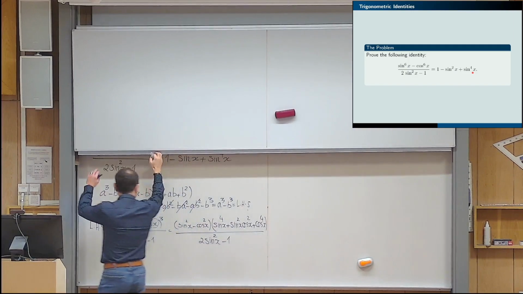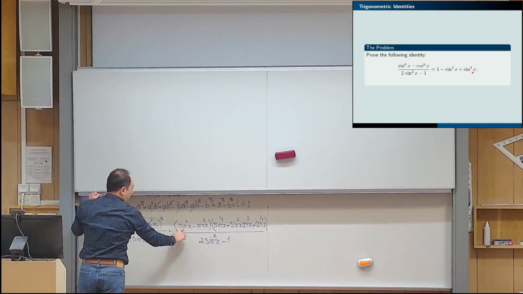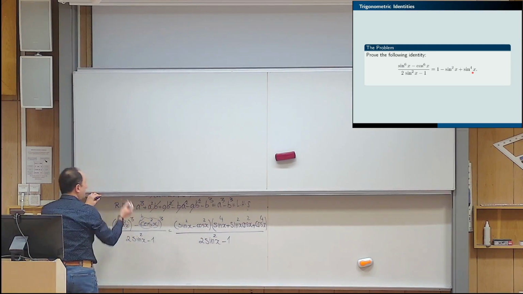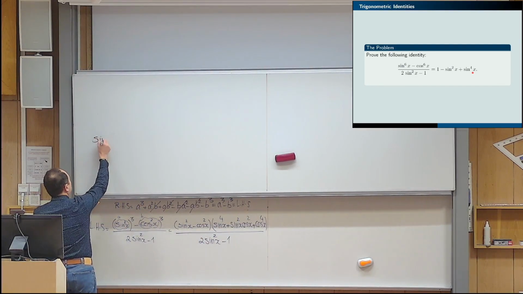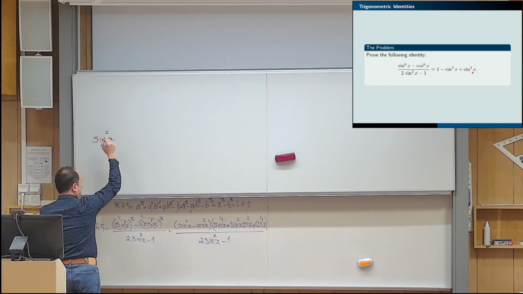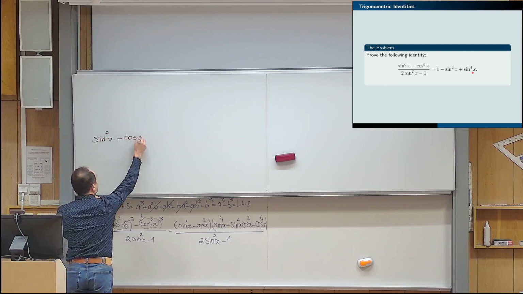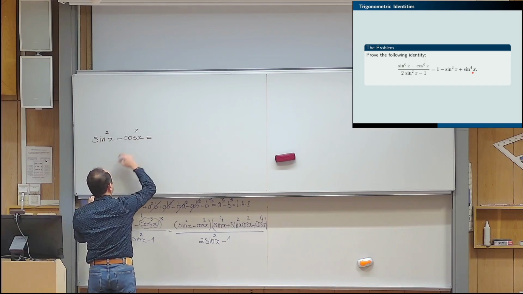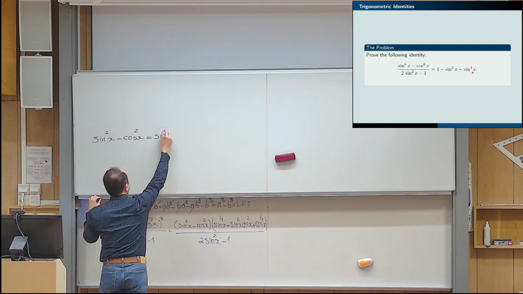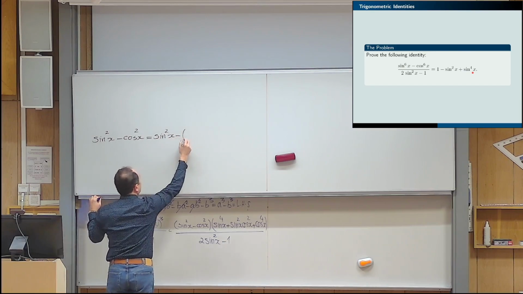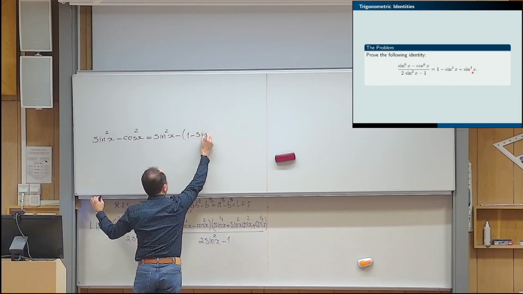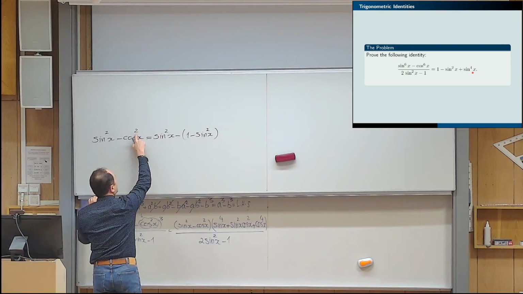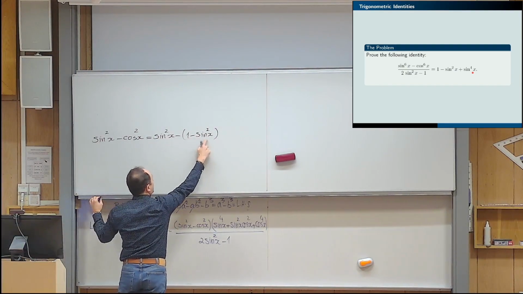I want to show that this expression is equal to that expression. How? Sine x squared minus cosine x squared is equal to, instead of cosine x squared, I write 1 minus sine x squared. So cosine x squared is 1 minus sine x squared.